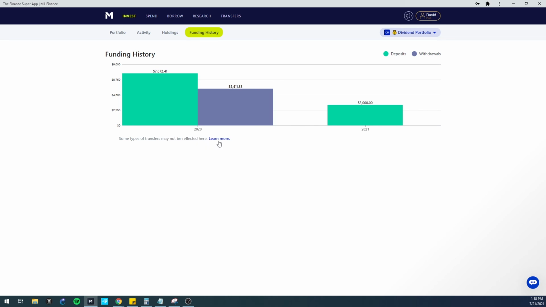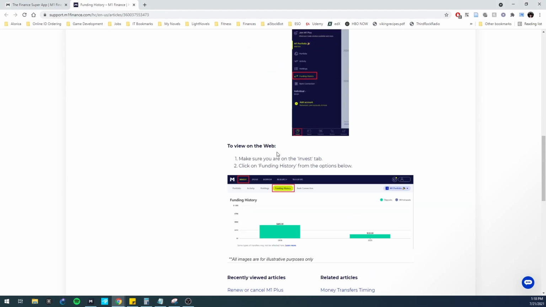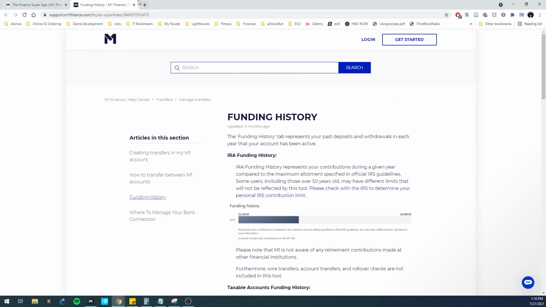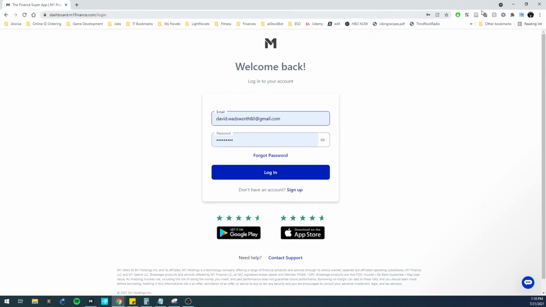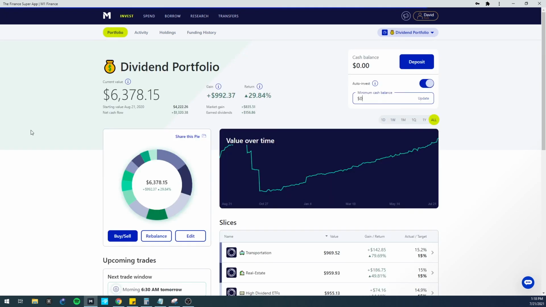Some types of transfers, so you can read through that. I believe that's going to be like IRA transfers, if you're transferring from a standard IRA to a Roth IRA, things like that. But yeah, that's actually pretty much it for how to use M1 Finance.